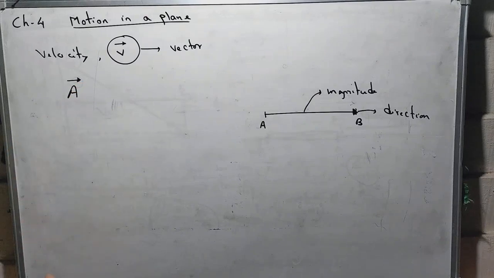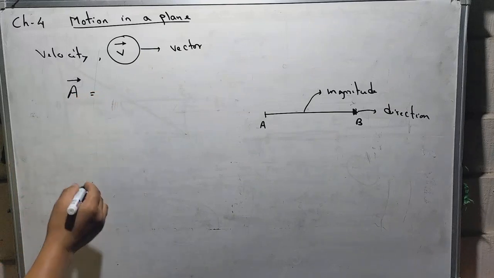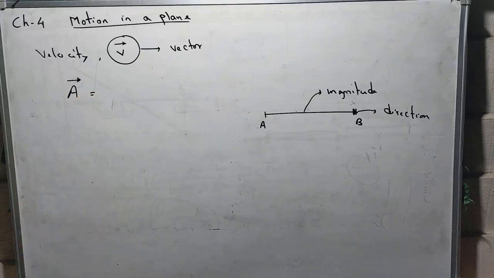Okay, and as you know, a vector is defined as a quantity which has both magnitude and direction.